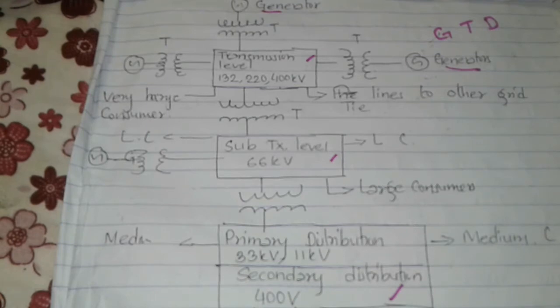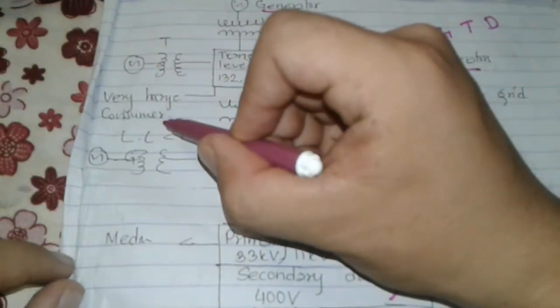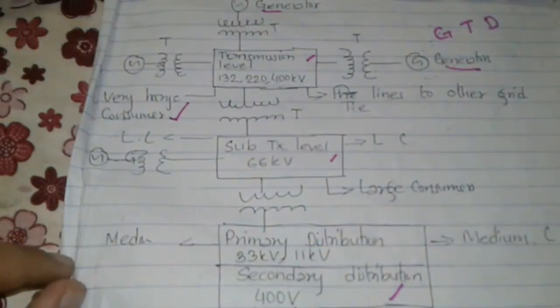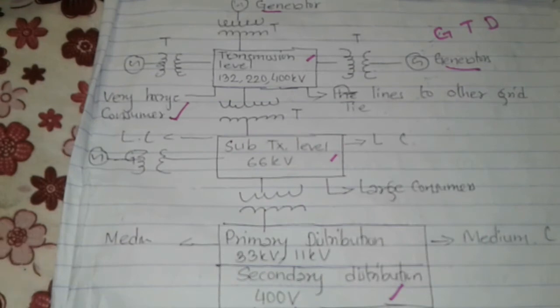So sometimes we may need to distribute the large voltage even if it is in the transmission level of 400 kV, 220 kV or 132 kV. So for the large consumers we have a separate line, and for other grid, like we can say the transmission system of an area or state is known as grid.